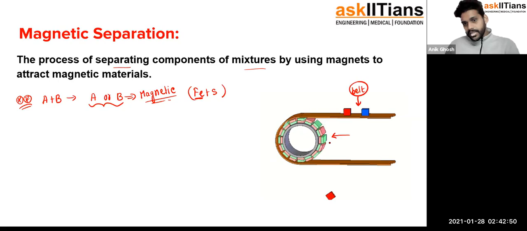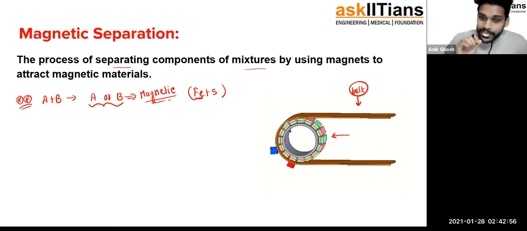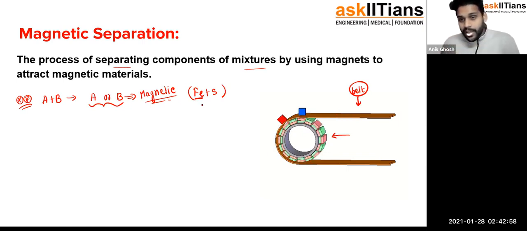This thing is rolling, and apart from that, it has a magnet in it. Let's consider the red one to be iron, and the blue one to be sulfur.